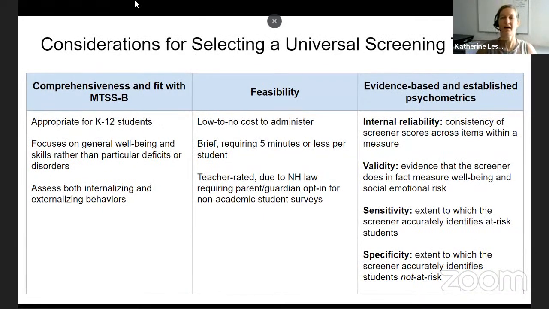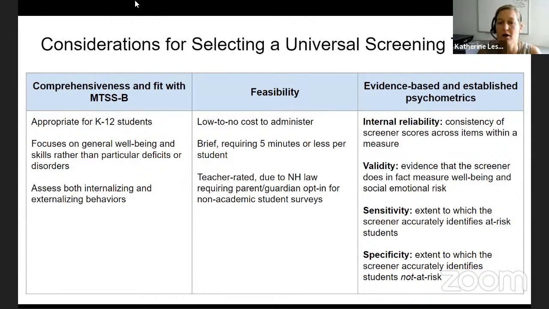Thanks so much, Molly. So Molly did a really wonderful job explaining a little bit of the distinction between a universal screening process, using that set of criteria regularly at a couple points throughout the school year, versus using a teacher rated tool.